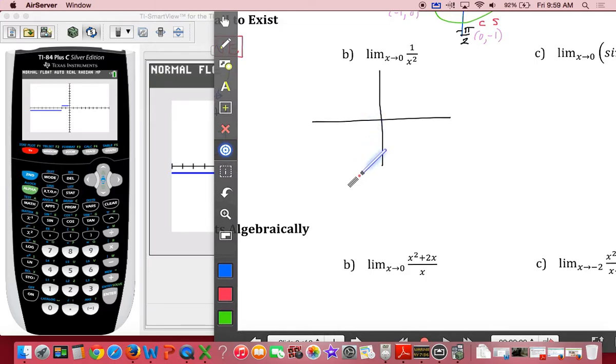And then look at your horizontal asymptote. So let's go back to our rules. What is the degree of the numerator? 0. What's the degree of the denominator? 2. 0 is less than 2. Numerator is less than denominator. Is there a horizontal asymptote? Yes. What is it? Y equals 0. So that means the x-axis is also acting as an asymptote. So it's not surprising when you see the graph looks like this.